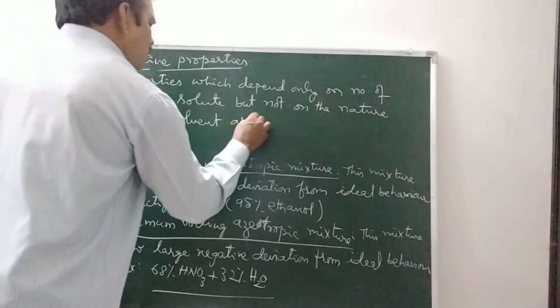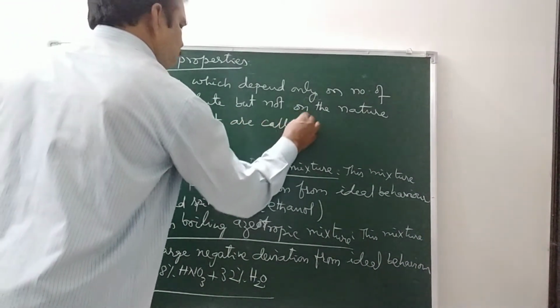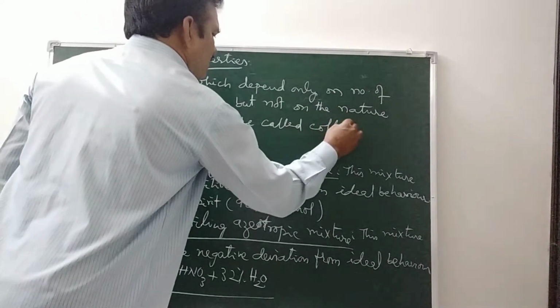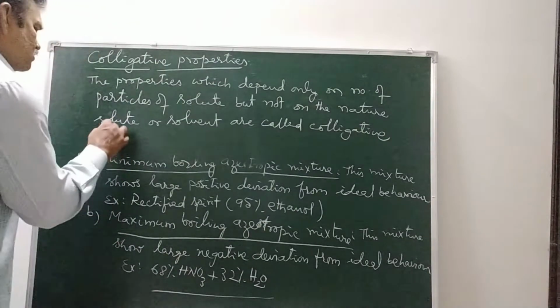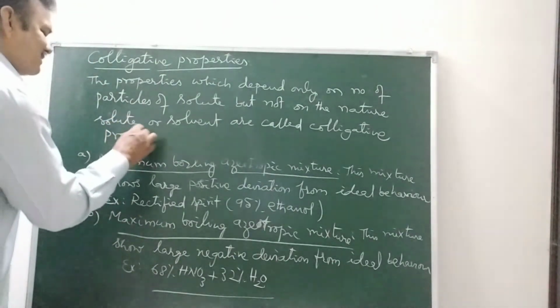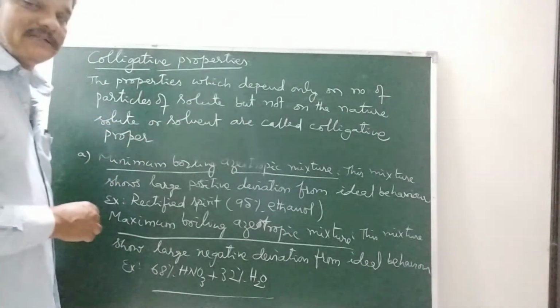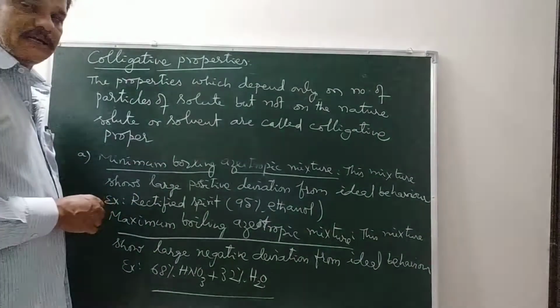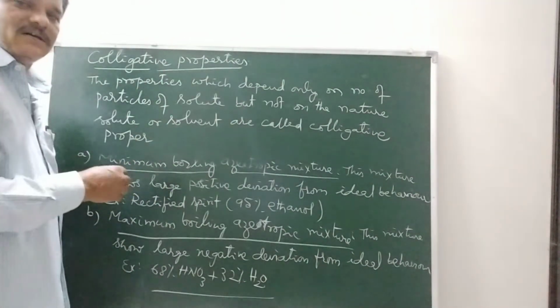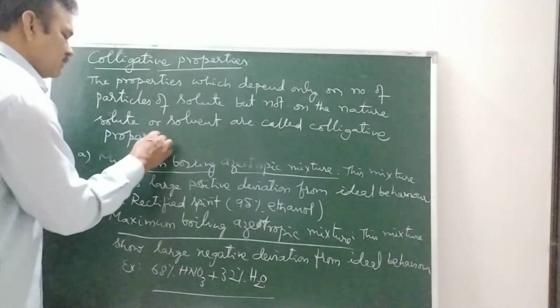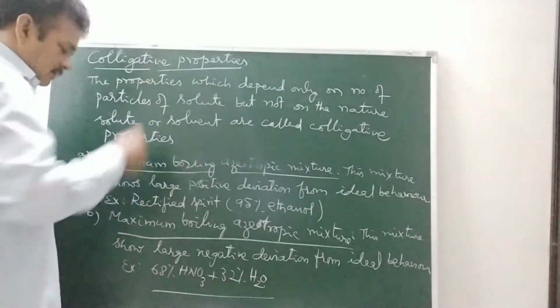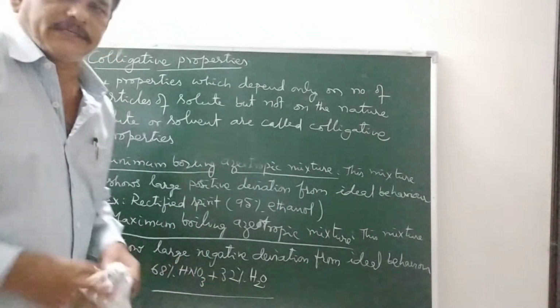So the properties that do not depend on the nature of solute and solvent, but depend only on the number of solute particles, are called colligative properties.